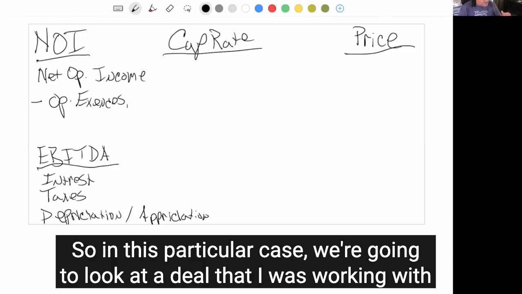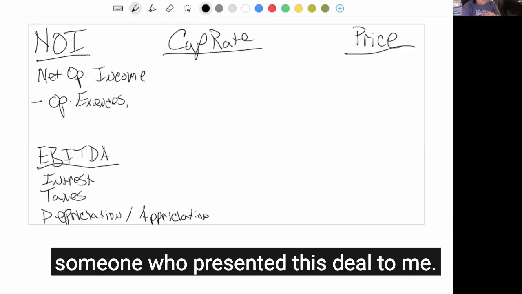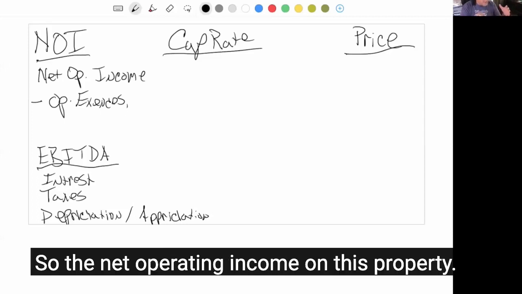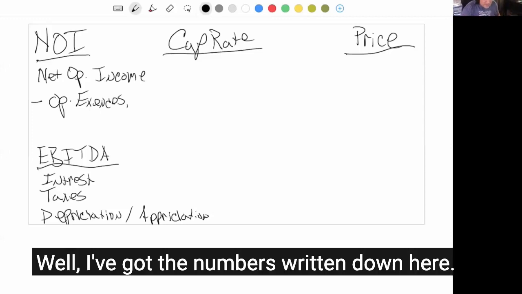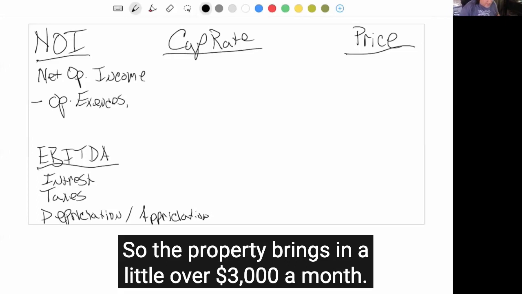In this particular case, we're going to look at a deal that someone presented to me. The net operating income on this property, I've got the numbers written down here. The property brings in a little over $3,000 a month.